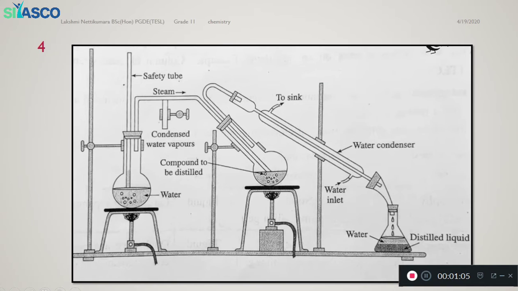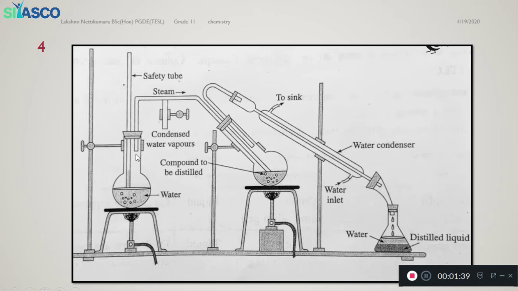This is the setup we use for steam distillation. Now you can see two round bottom flasks were kept on, and heat provided for each of the flasks. Here this is the heat generator, or the steam generator, where we put water and provide heat until it produces vapor.